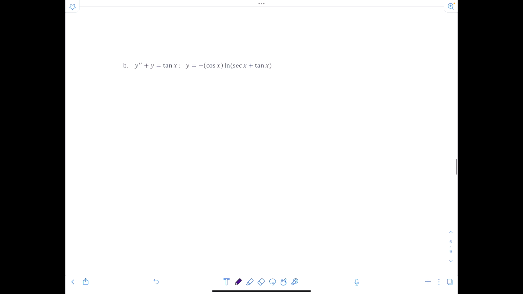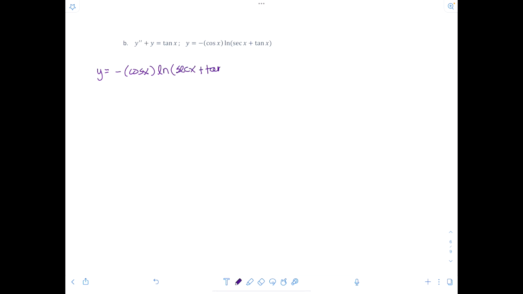Okay, so secondly, we have a second order differential equation, and that means we have to find y prime and y double prime. So working on it, we started with y equals negative cosine at x times natural log at secant x plus tangent at x.